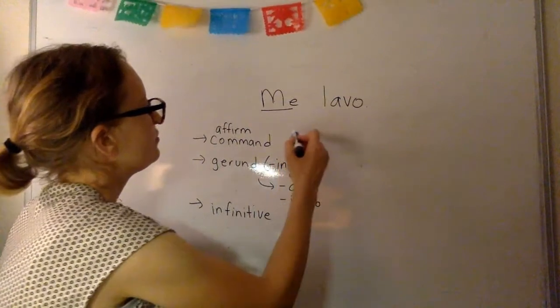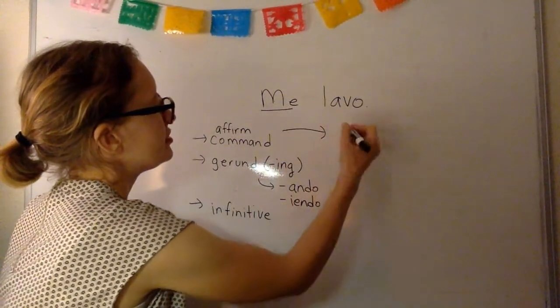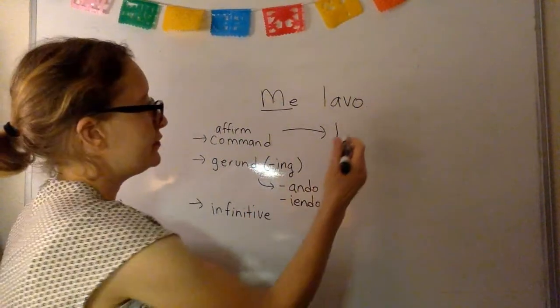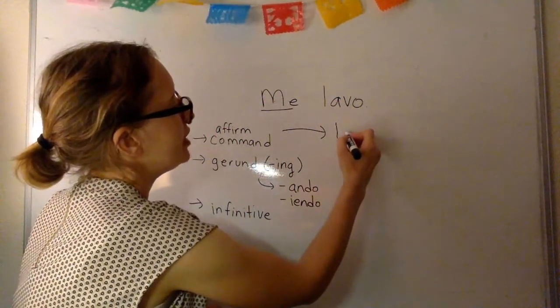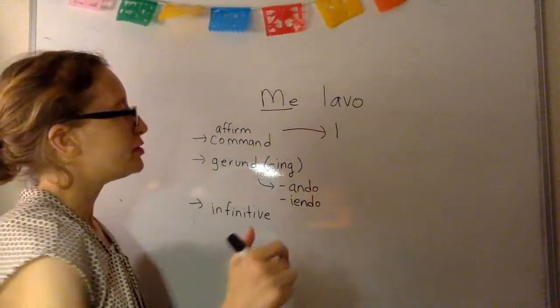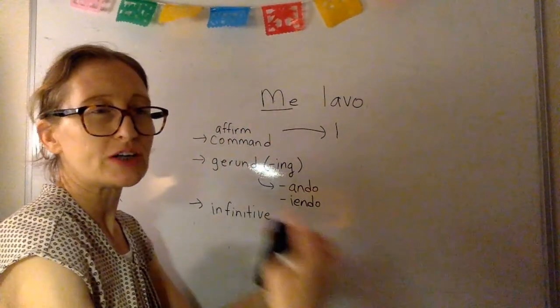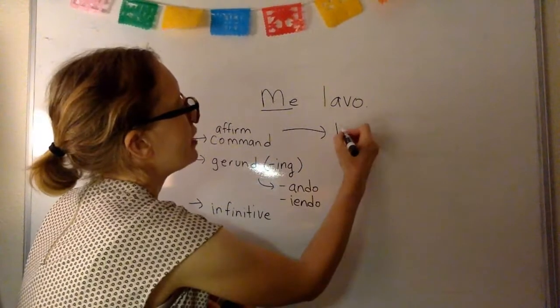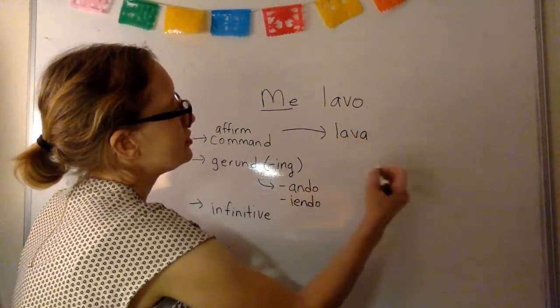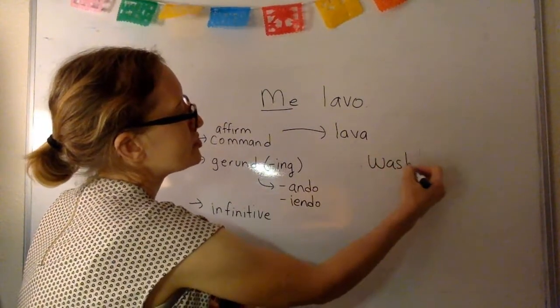Okay? With an affirmative command, you might not have learned commands yet, but the verb to tell someone in the second person to wash, like wash your hands, wash yourself, is lava. Wash, like this.